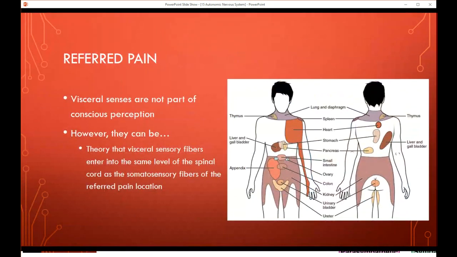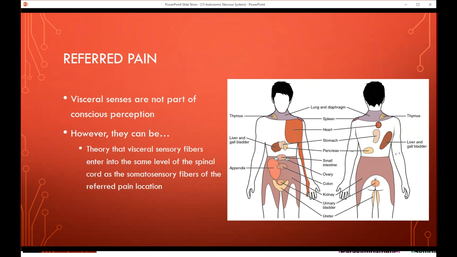So referred pain, what is that exactly? Our visceral senses are not part of our conscious perception. However, they can become part of our conscious perception. I don't know about you guys, but I am not typically aware of my kidneys. However, if somebody's experiencing something like kidney stones, they typically complain of pain along their lower back.